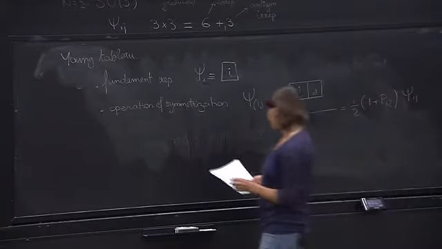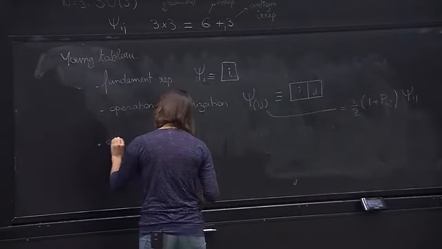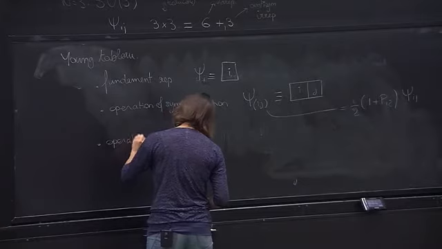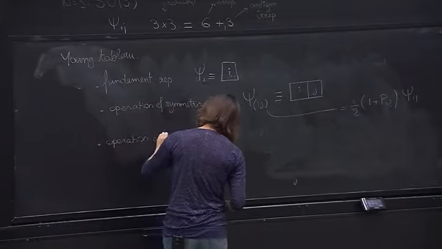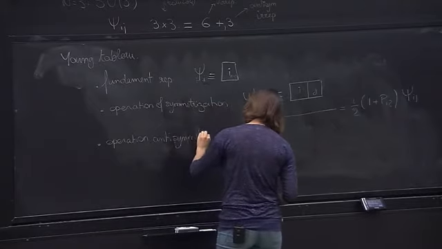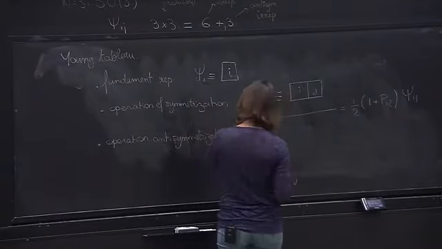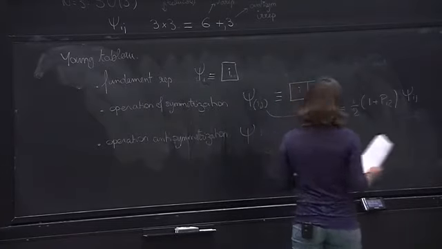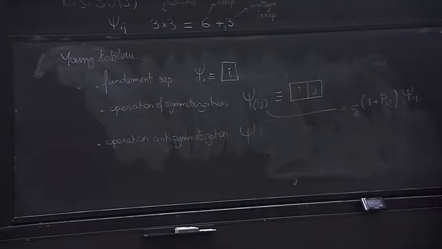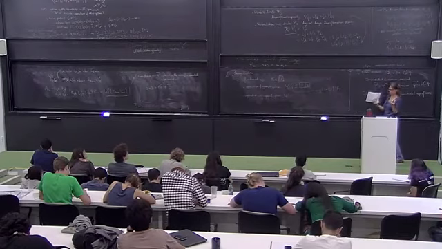Okay, then what is the operation of anti-symmetrization? So again, usually you don't introduce a new notation as soon as you anti-symmetrize two indices, okay?